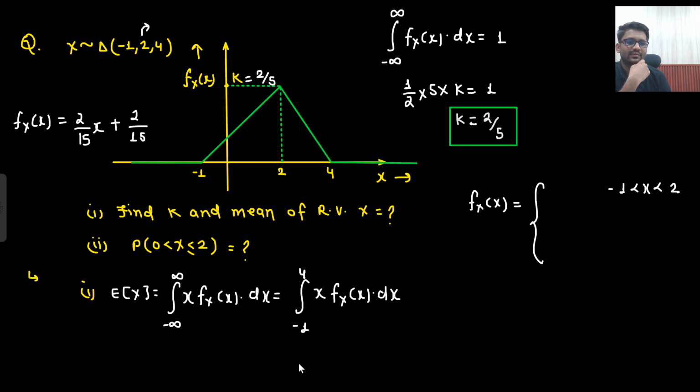Are you able to understand this much? I am just writing down the equation between -1 to 2. So the equation is 2 by 15 x plus 2 by 15. This is the definition between -1 to 2.